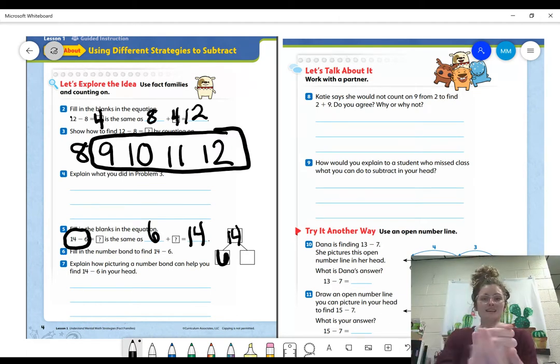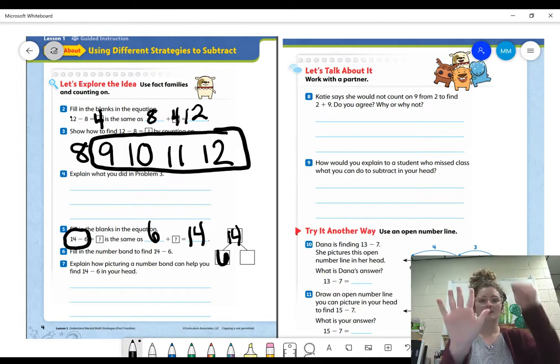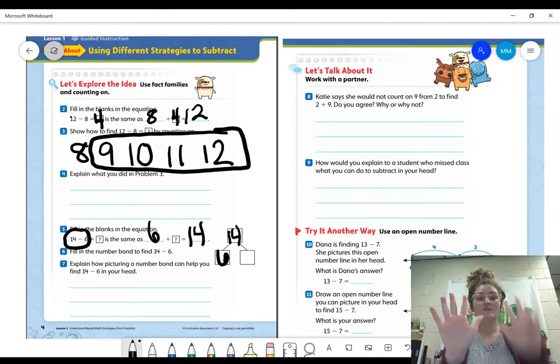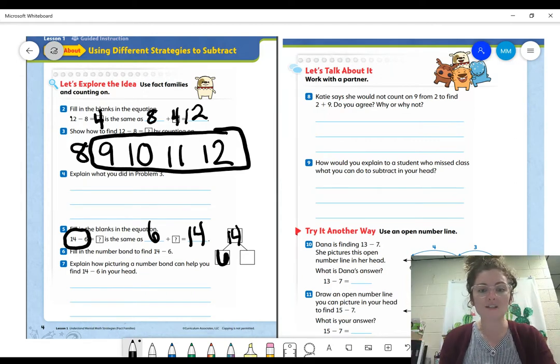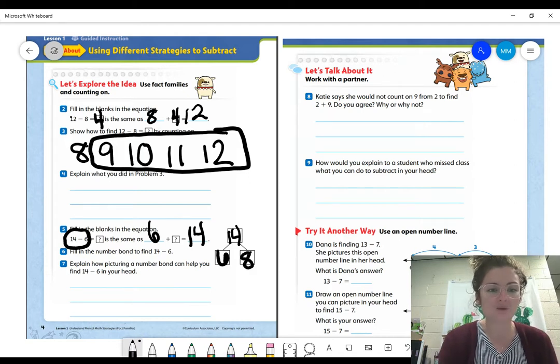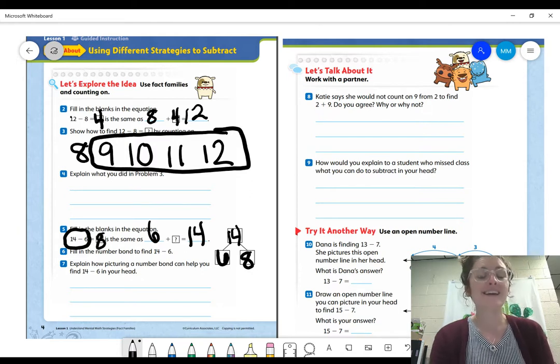Here we go. 6, 7, 8, 9, 10, 11, 12, 13, 14. What's my missing part? 8. So what number is going to go in that part? 8. Good job. So we would know that 14 minus 6 equals 8, and 6 plus 8 equals 14.